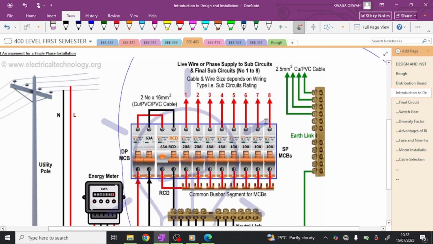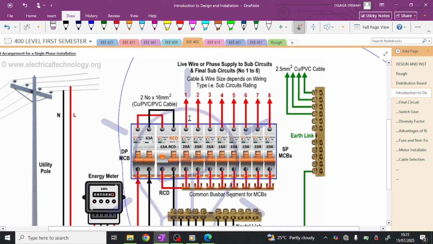Power comes into your home, into your distribution board, and then after the distribution of power from the power line to the meter to your distribution board, it is spread across different miniature circuit breakers, MCBs, different ones, 1, 2, 3. We have 8 here.